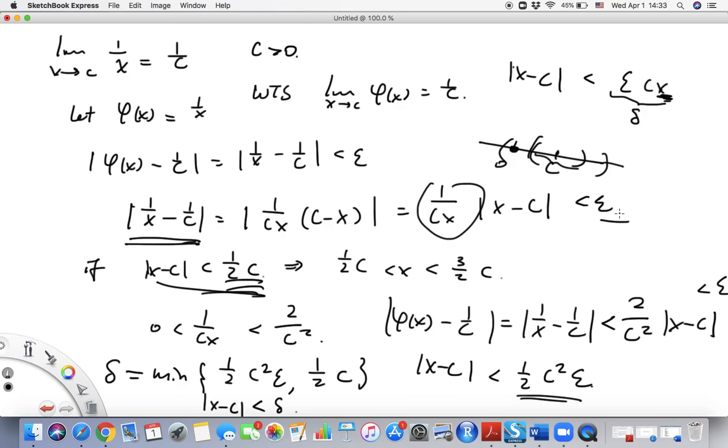So another example. The limit as x goes to 2 of x cubed minus 4 over x squared plus 1 is equal to 4 over 5.